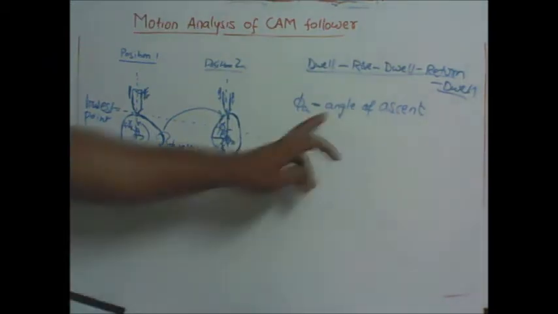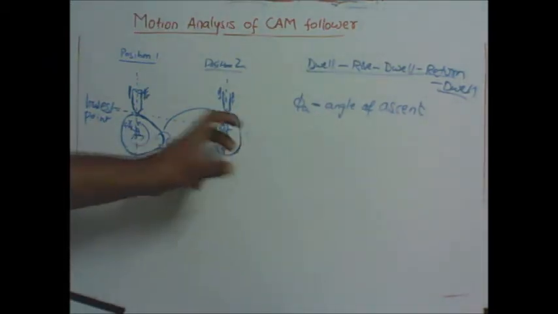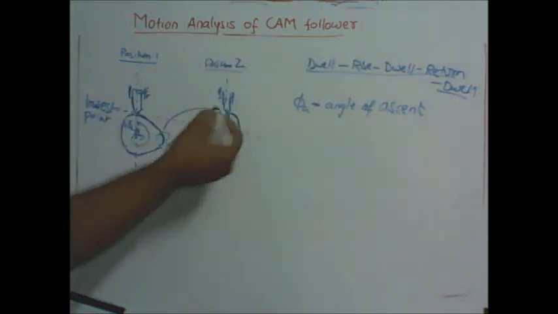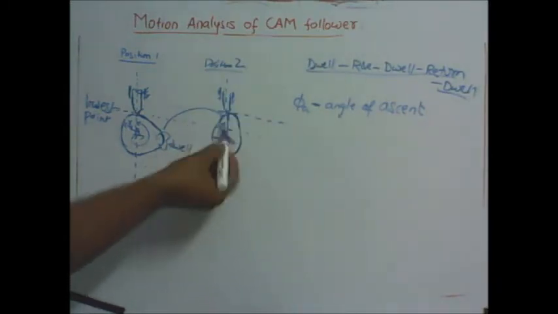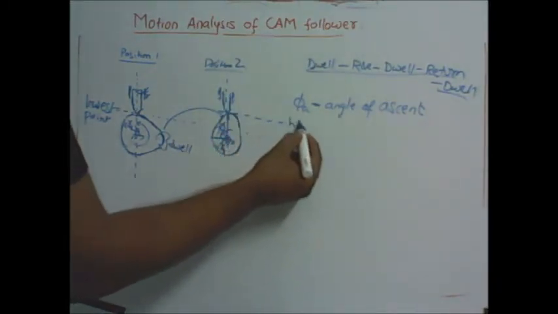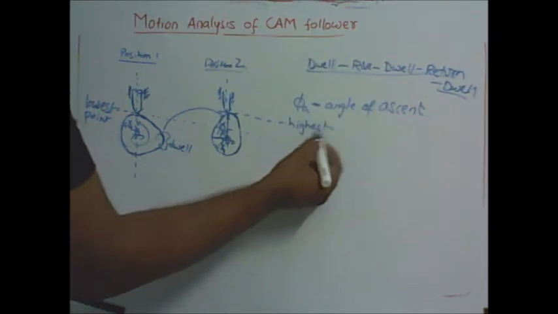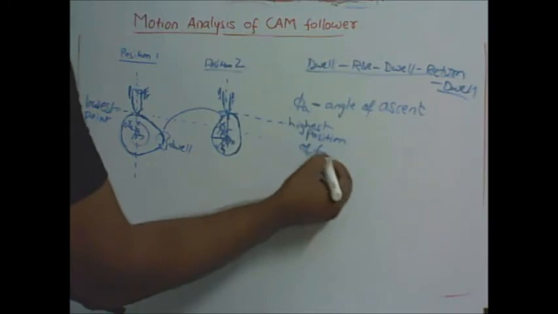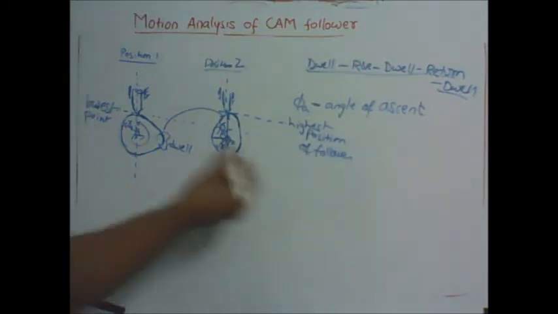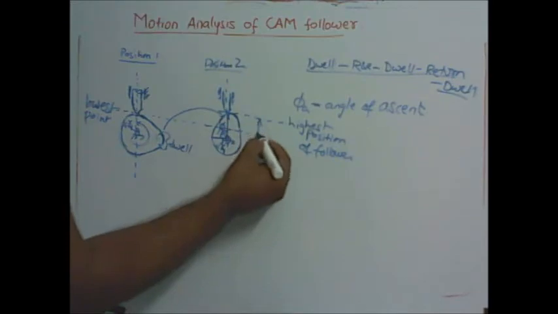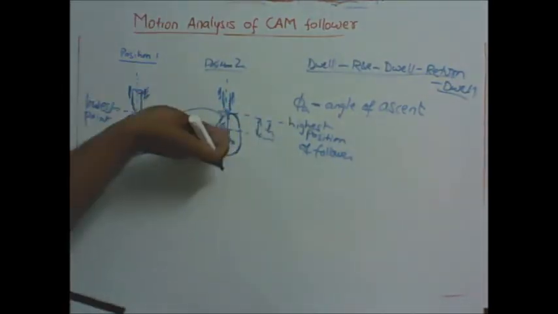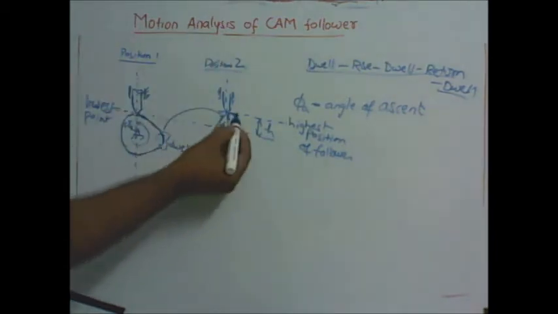This is the angle through which the cam has to be rotated to ensure that the follower shifts from its lowest point to the highest point. This is the final position at the highest point of the follower. This is the height h through which the follower rises, and from here to here again it is dwell.